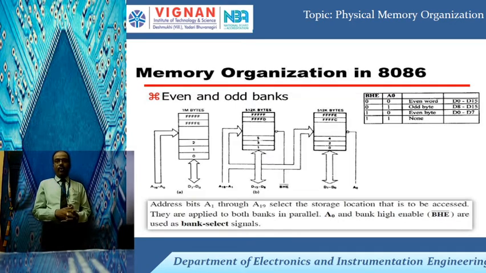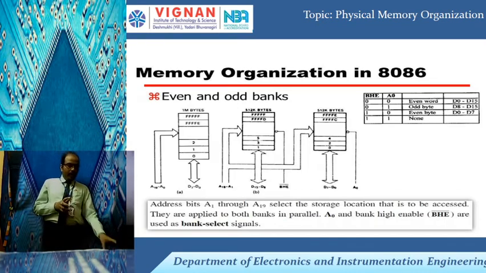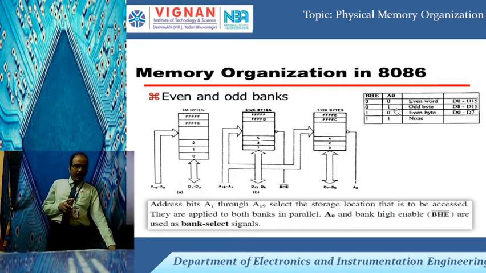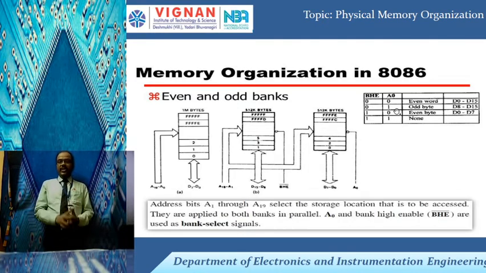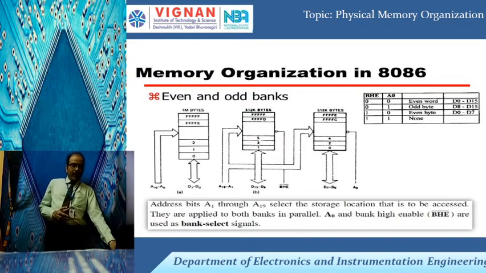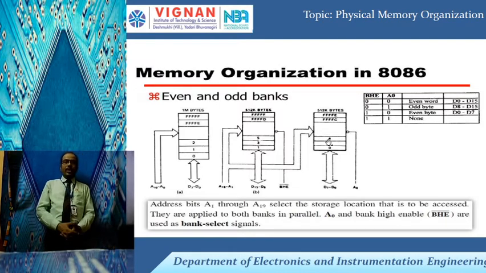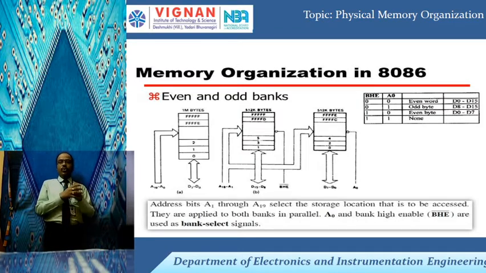We have to access a word whose address starts from an even address. If BHE bar is 0 and A0 is 1, BHE bar is active low, so the odd bank is enabled, whereas A0 is 1 means the even bank is not selected. So this is an odd byte, that means we access data whose address is odd.